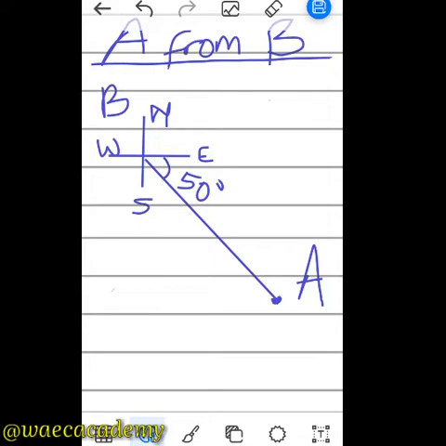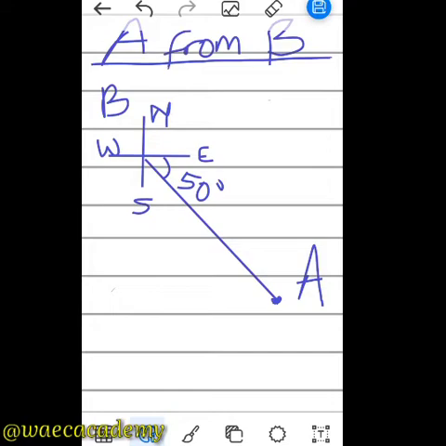What makes you know which one to choose between north and south is which one A is close to. So if A is close to south, it's going to be the angle between south and A. If A is close to north, it's going to be the angle between north and A. The previous question, it was close to north, and that was why we used the angle between north and A.